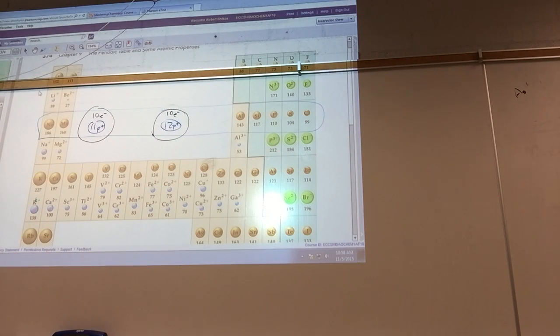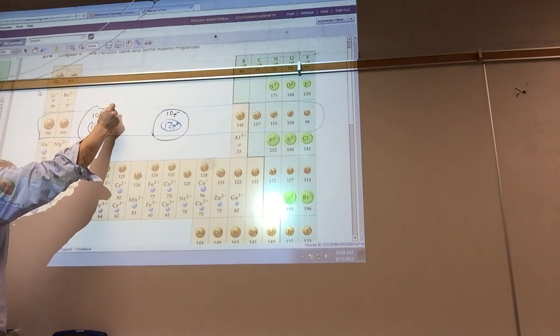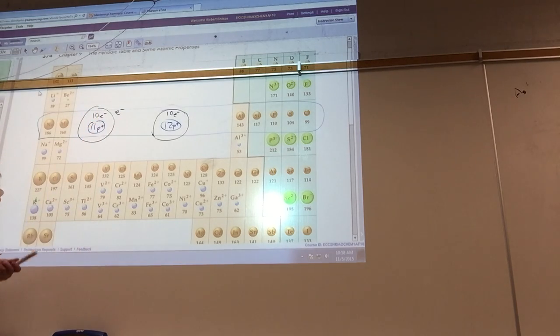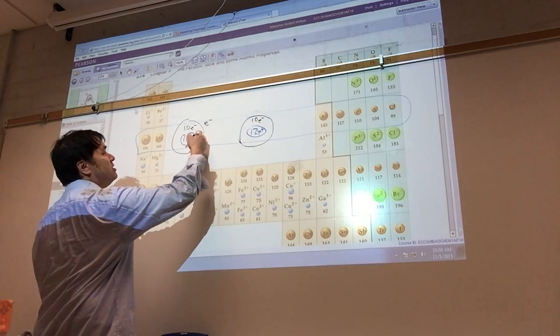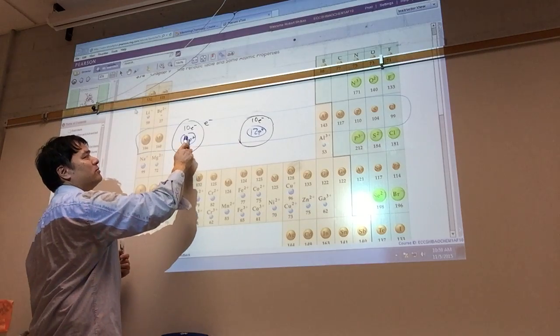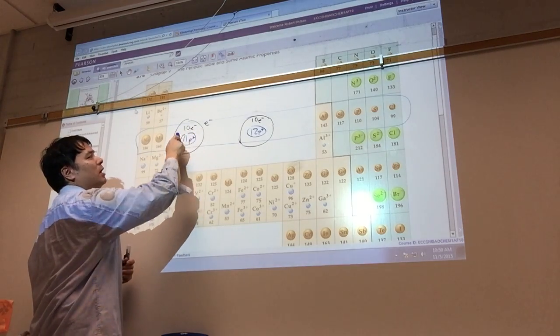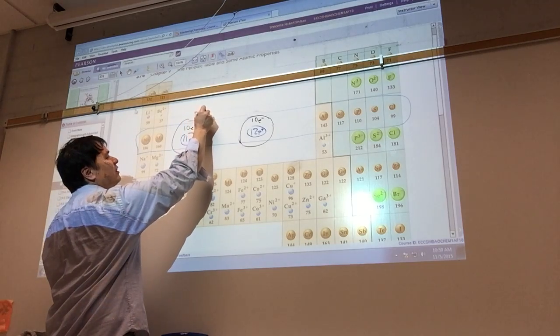Now the next thing is this. In sodium, we have one valence electron, and what that valence electron sees is called Z effective. Now, core electrons are great shielders. The Z effective that we see here: we have 11 positive charges, but there are 10 electrons blocking it from the core, and so Z effective is close to +1.